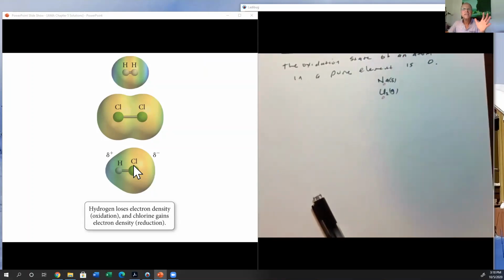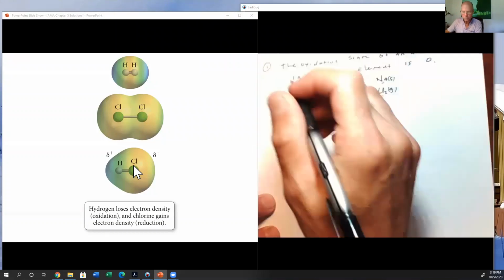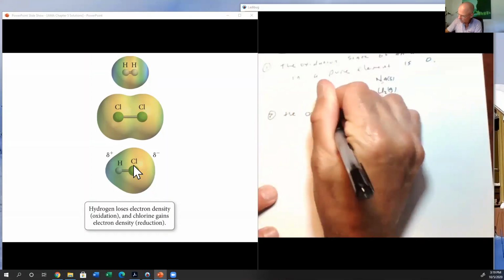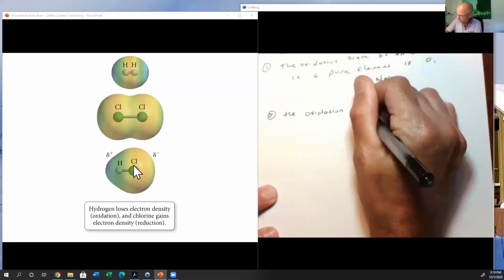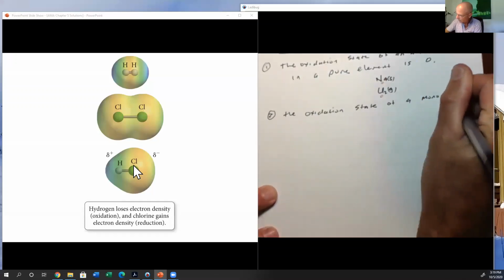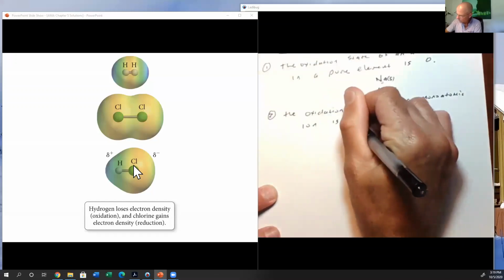Remember, this oxidation state is kind of a fictitious charge. It's a charge it would have if the electrons went to the atom that attracted them the most. So pure element is 0, that's rule 1. Rule 2, the oxidation state of a monoatomic ion is equal to its charge.